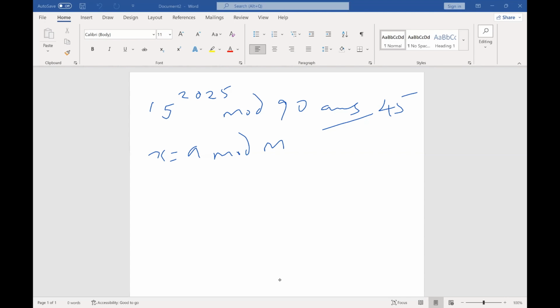The remainder should always be less than the divisor. If we are dividing a number by 5, the remainder is supposed to be less than 5. If you are dividing a number by 4, the remainder is supposed to be less than 4. So if you are dividing by 90, the remainder should be less than 90. It can never be more than 90.